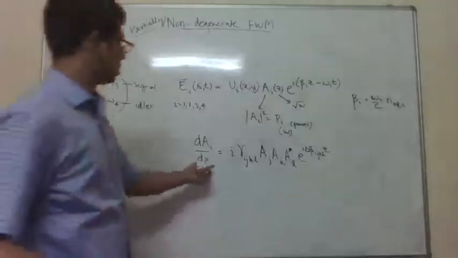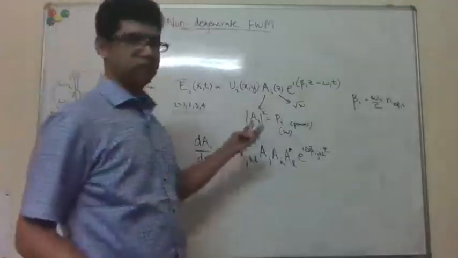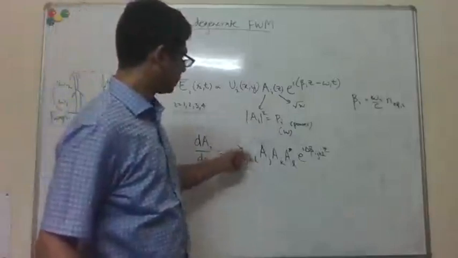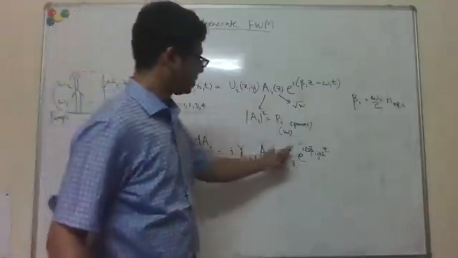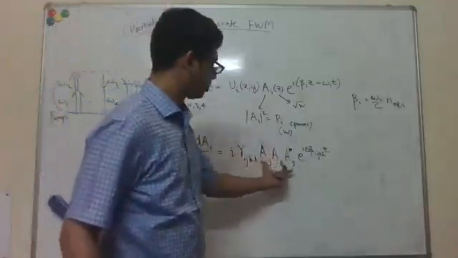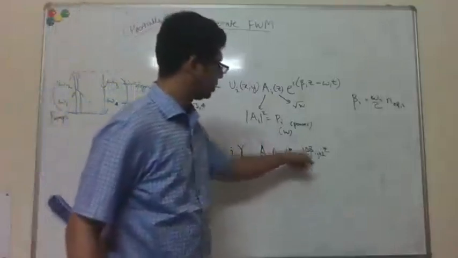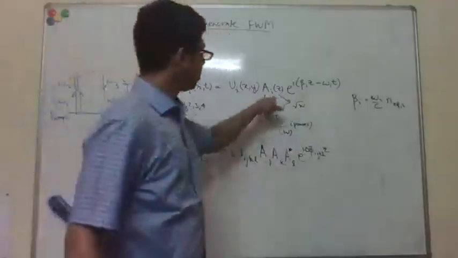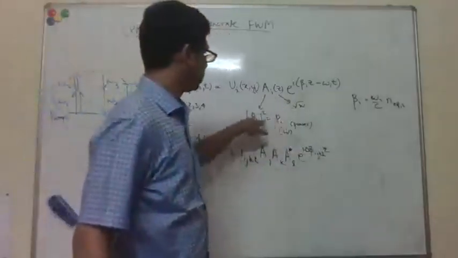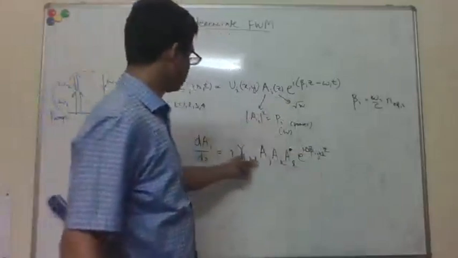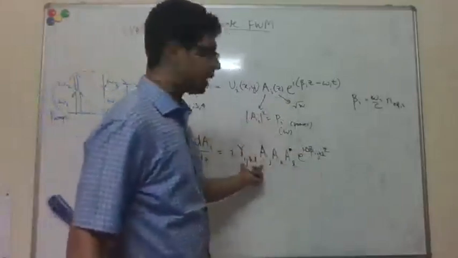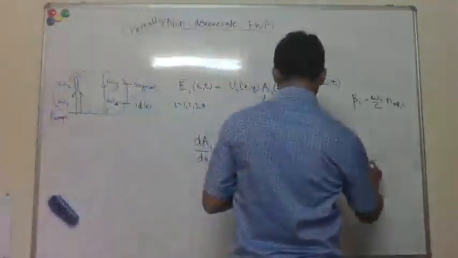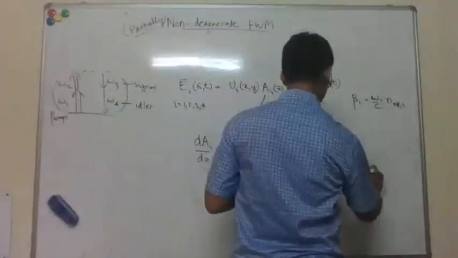So this looks similar to the free space case. dA by dz is equal to i, we get some chi3 times the nonlinear polarization, which is the product of three terms. If I normalize the amplitude as square root of power, then that constant of proportionality becomes this gamma, where gamma was the effective nonlinearity.